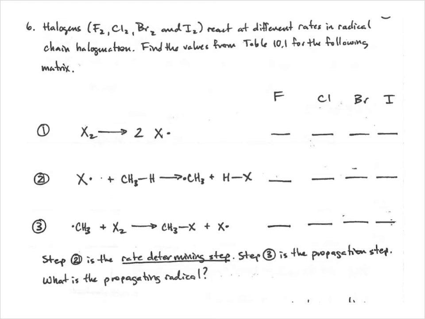I'm just looking where it says XX bonds in the table, and I'm putting those numbers in. So notice we have to cleave. So we have plus 159 for fluorine, plus 243 for chlorine, plus 193 for bromine, and plus 151 for iodine.